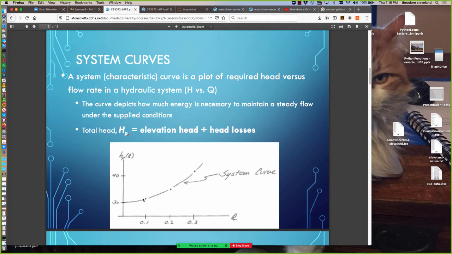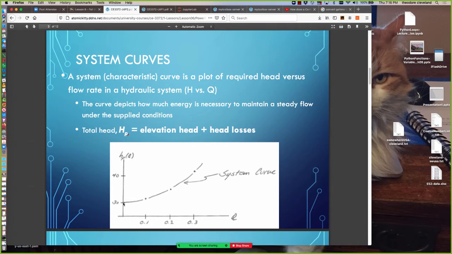In this system curve, there are 3 points at 0.1 units of flow, 0.2, and 0.3. At 0.1, there's about 32 units of head required. At 0.2, 36 units of head. And at 0.3, 41 units of head.